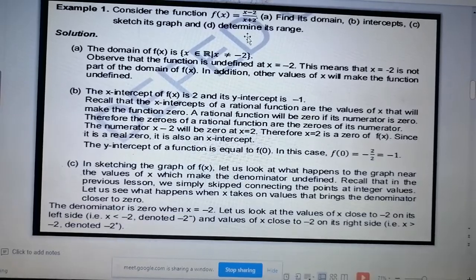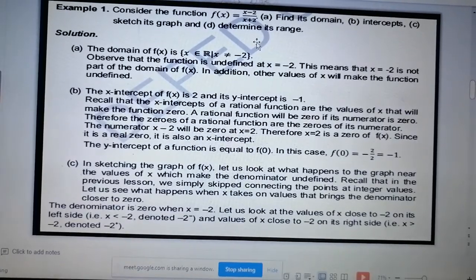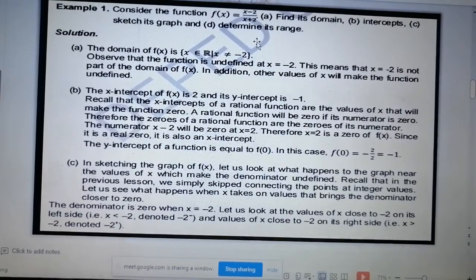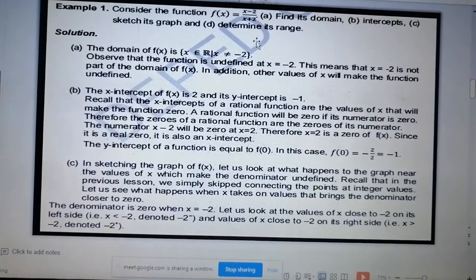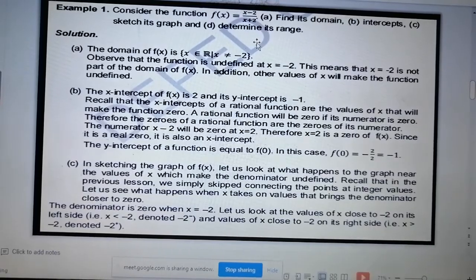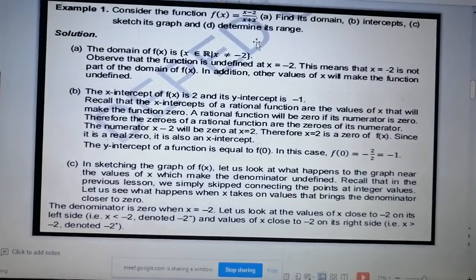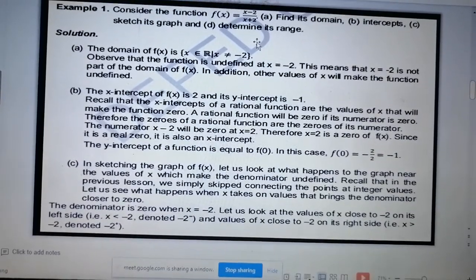Example number 1. Nakikita nyo? So, magiging f of x is equal to x minus 2 over x plus 2. Eto, sundin nyo tong formula na to.